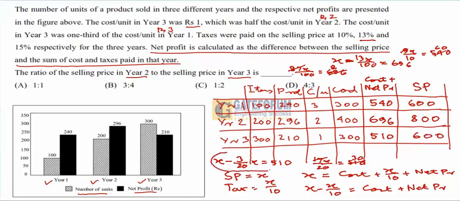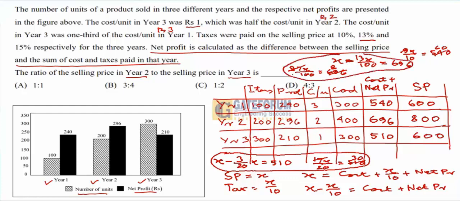So the calculations were made like this. This is for the third year. This is for the second year. And this was for the first year. Okay. And hence they have now asked us the ratio of the selling price of year 2 to the selling price in year 3. So that ratio will be 800 is to 600, that is equal to 4 is to 3.